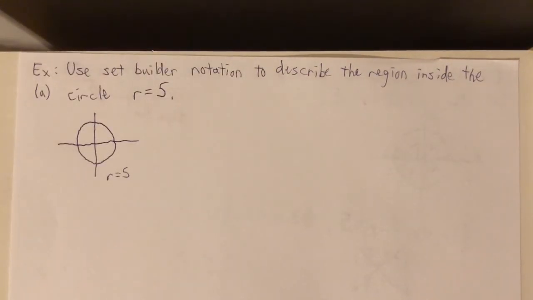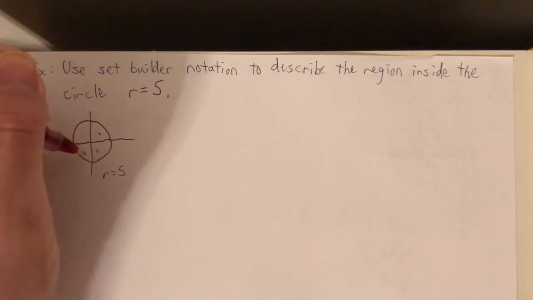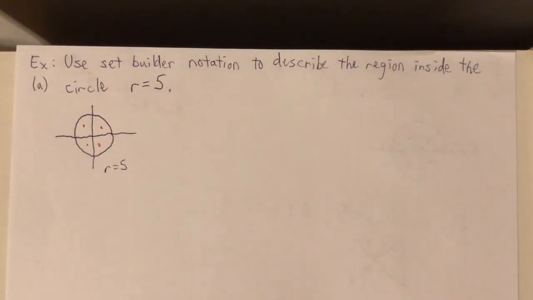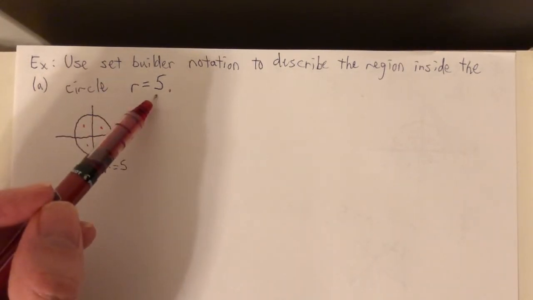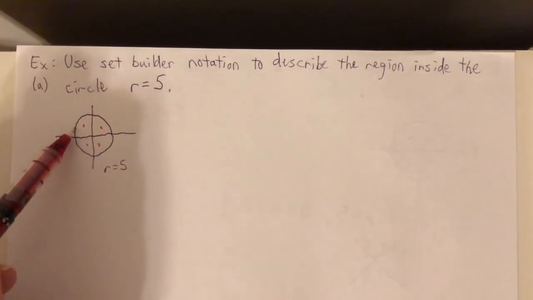Now, if I think about the region inside my circle, so all these points in red here that I'm plotting out, these are all points inside my circle. And what's the characteristic of points that are inside my circle? Well, if I remember what r equals 5 means, r, remember, is the distance from the pole.